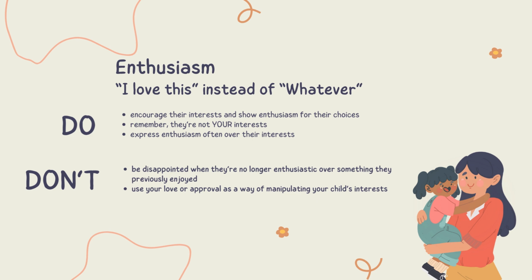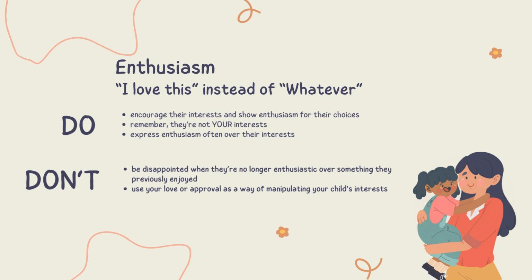Our next essential skill is enthusiasm, having that "I love this" mentality instead of the "whatever" mentality that we see a lot in adolescence. To help with enthusiasm, we want to encourage interest and keep in mind that their interests aren't our interests. So it's likely that there are going to be times where we get tired of whatever they're talking about, or we have no interest in the topic, whether it's Legos, fossils, anime, whatever it might be that they're into.